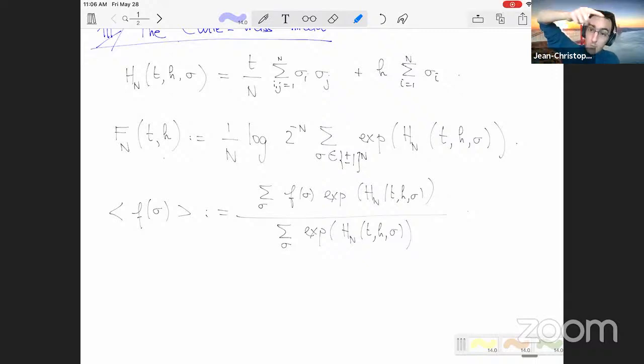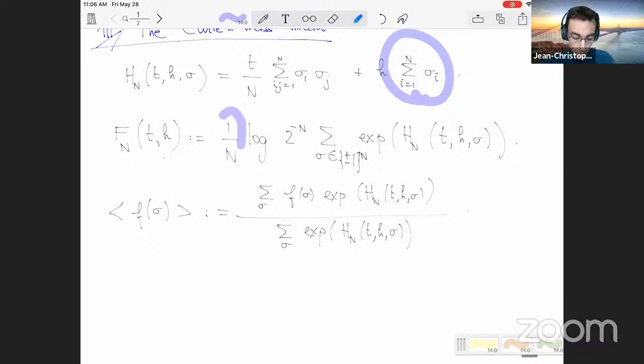The sum of sigma i will pop out of the exponential, and you're going to do this sum over sigma of this quantity times the exponential divided by the sum over sigma of the exponential. And there's also a 1 over n in front. So in fact, what you do when you compute this derivative is computing the expectation of that function, 1 over n sum of sigma i. Which, let's decide, is what we want to study ultimately, especially how it depends on T and H.